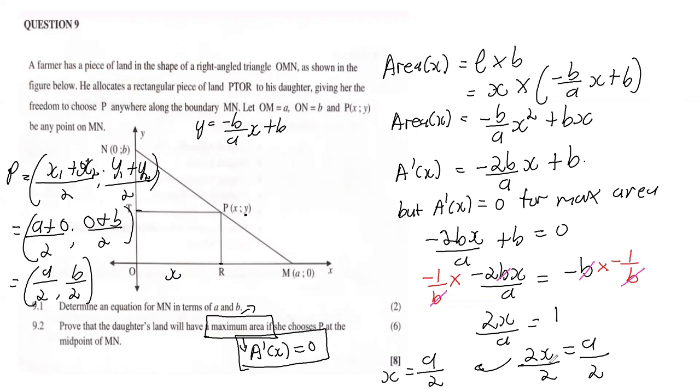So in the position of x, let's now substitute the a over 2. That's y is equal to negative b over a, and then a over 2, plus b.